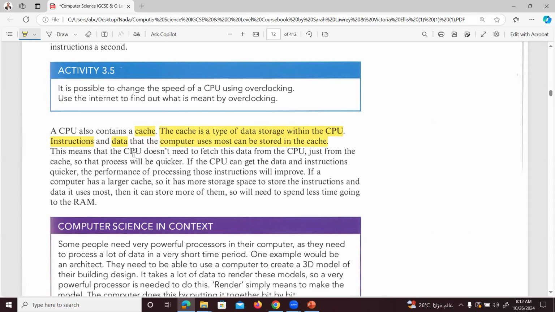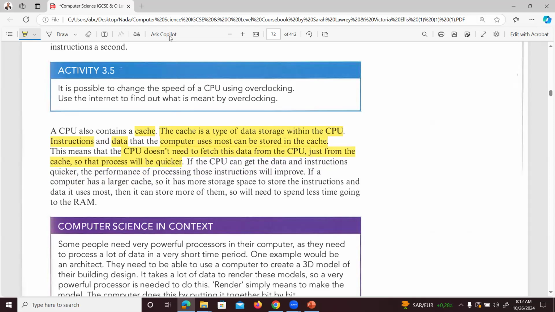So the CPU does not have to fetch data from main memory every time an instruction is being processed. It can just take the information from the cache memory. So it is going to help you reduce time and your work will be faster.